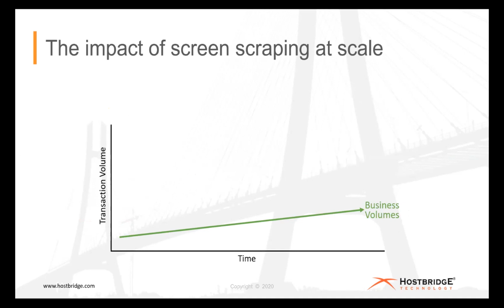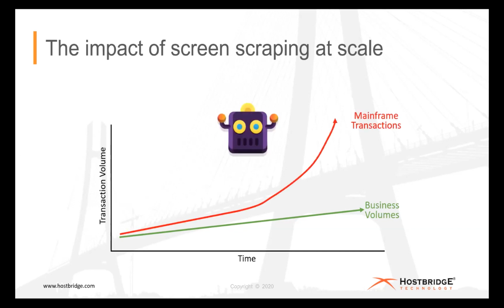Our business is growing just fine. Our business volume, let's say orders placed, revenue generated, whatever their business metric is, is growing quite nicely, 10, 15, some nice percentage per year. However, our CICS transaction volume is skyrocketing. It's growing exponentially, asymmetrically with the growth of our business.